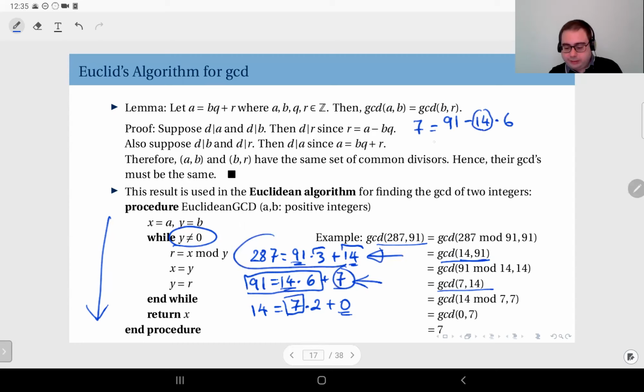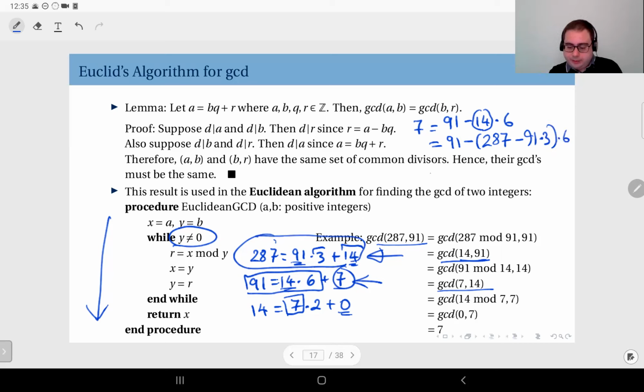So you write this as 91 minus 287 minus 91 times 3 due to this, times 6.